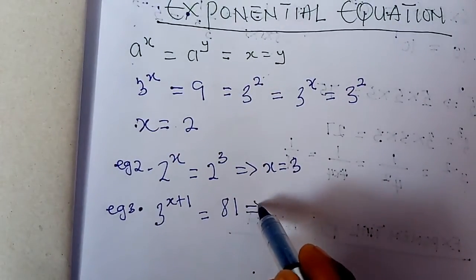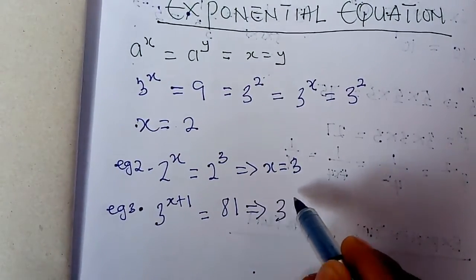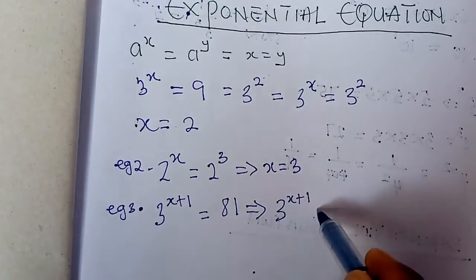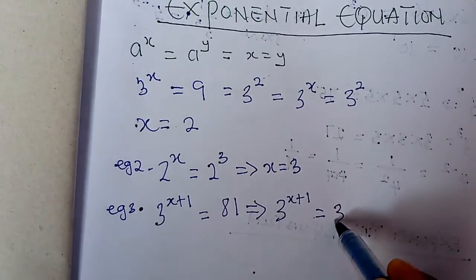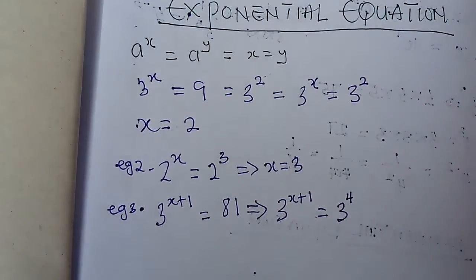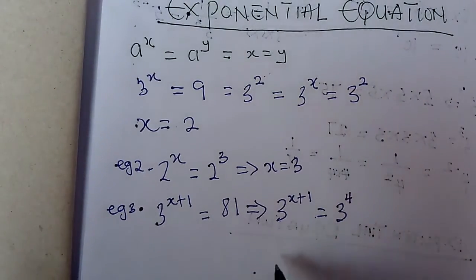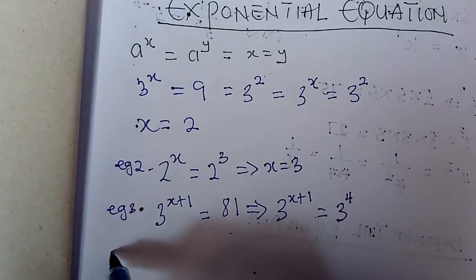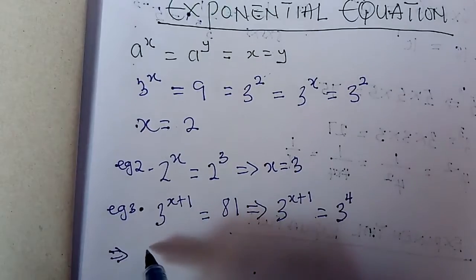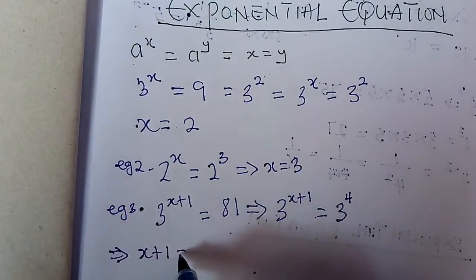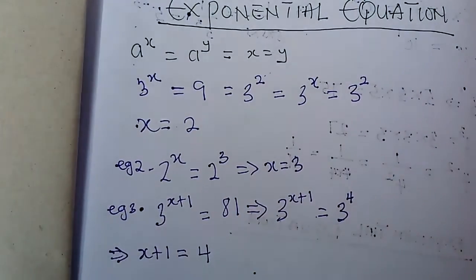We can rewrite this as 3 raised to the power x plus 1 is equal to 3 raised to the power 4, because 3 raised to the power 4 will give us 81. Now the bases are the same, so we equate the exponents. So we have x plus 1 is equal to 4.